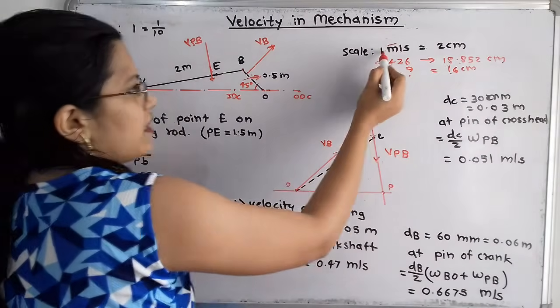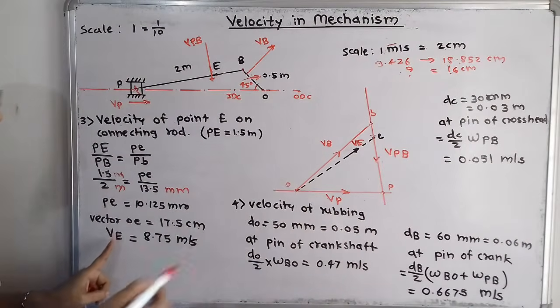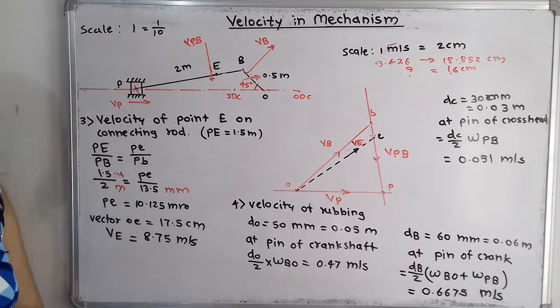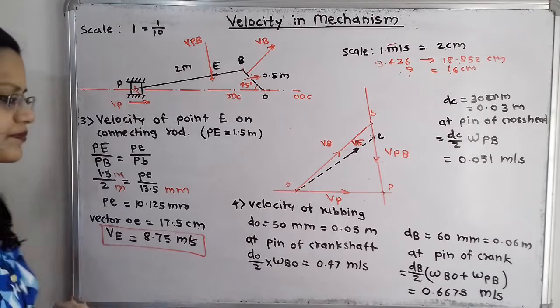So what is our scale? 1 meter per second is equal to 2 centimeters. So with that scale, VE, the velocity of point E, is equal to 8.75 meter per second. So this is the answer for the third question.